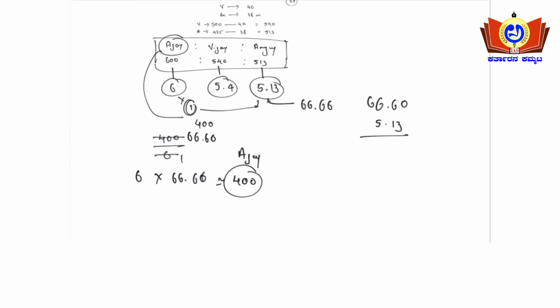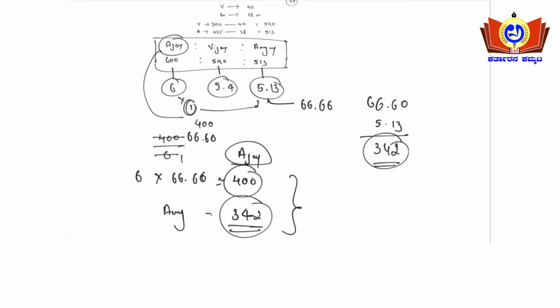After multiplying I will get around 342. So for every 400 meters traveled by Ajay, Anjay will be traveling 342 meters.